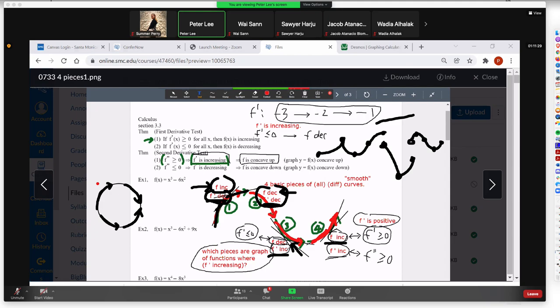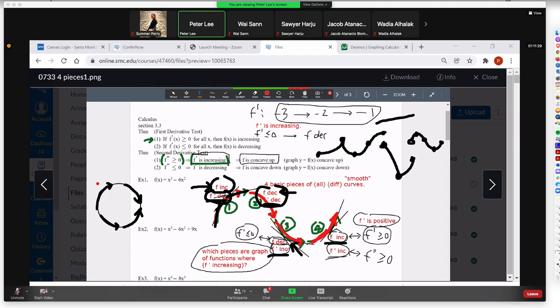That's the same thing as saying f double prime is negative. So for these 2 curve pieces right here, f prime is decreasing, and f double prime is less than 0. That means f double prime is negative.